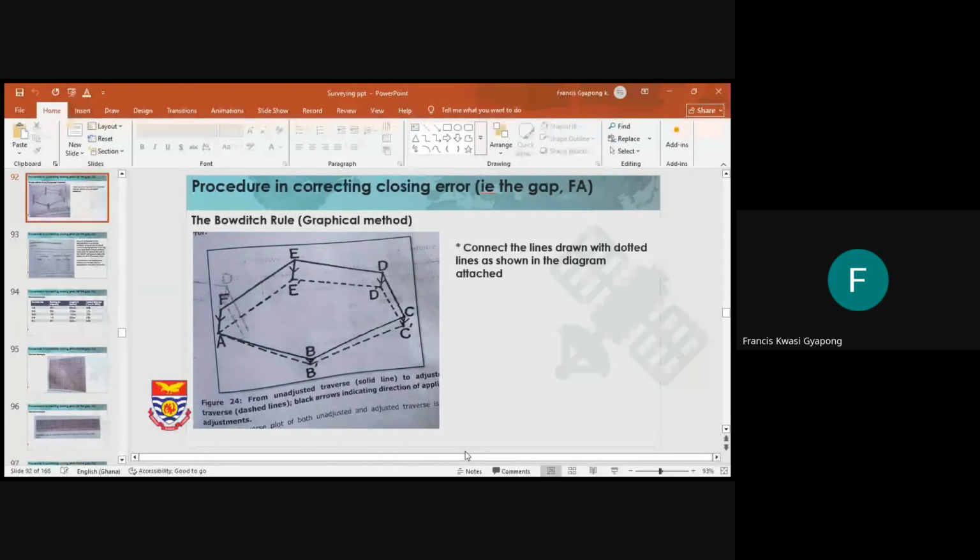Use your divider, or your compass, to pick that small distance between A and A prime. You are measuring the two. I hope you have gotten the instruction.